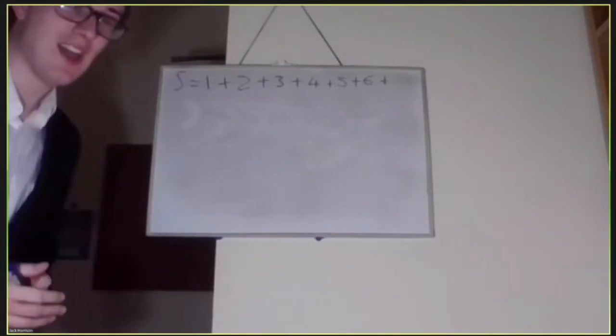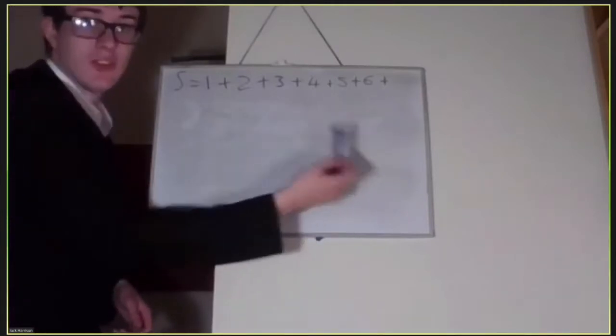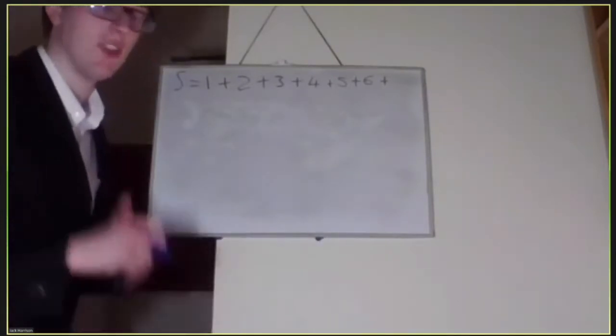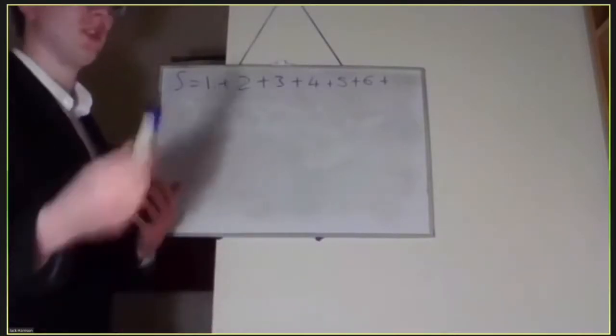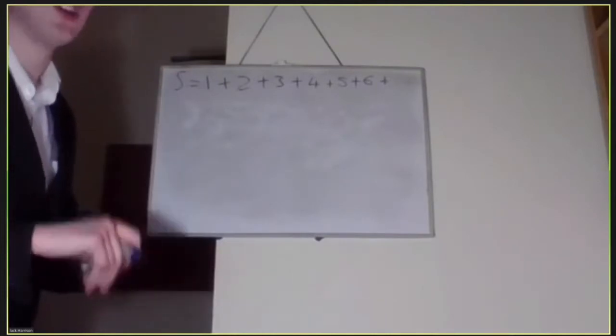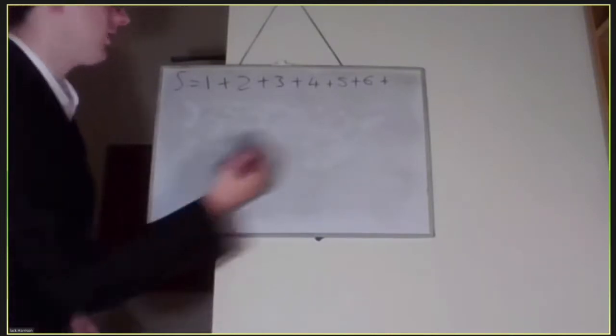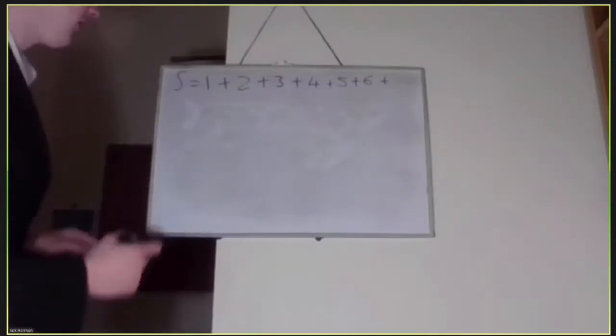The person who put the n formula, that's really interesting, because if you terminate this sequence at any point, then that's exactly what you get. If you terminate it at 6, you'd get 6 times 6 plus 1 divided by 2. Terminate it at 5, 5 times 5 plus 1 divided by 2. But we're dealing with the infinite sequence here, so we're going to try and evaluate all of it.